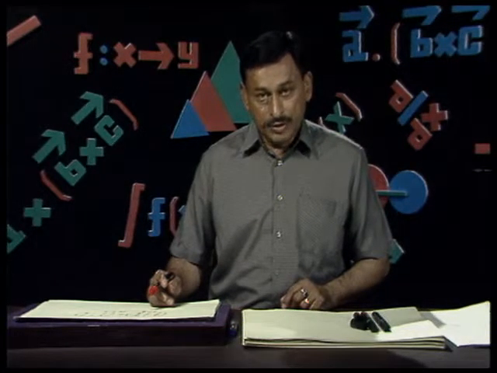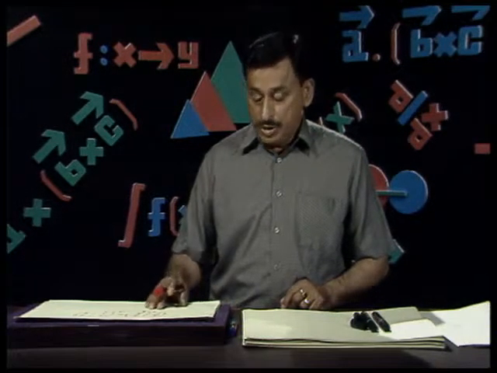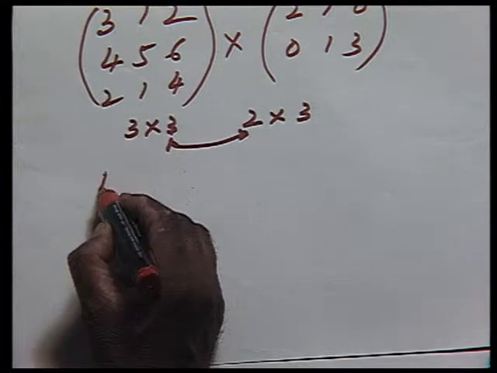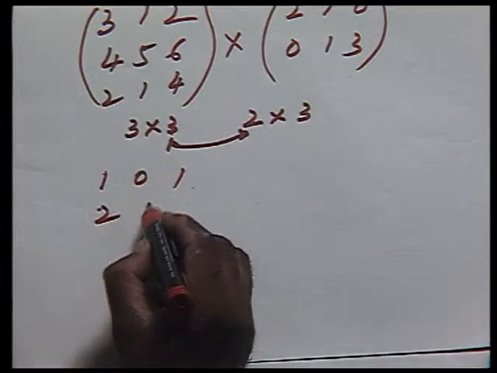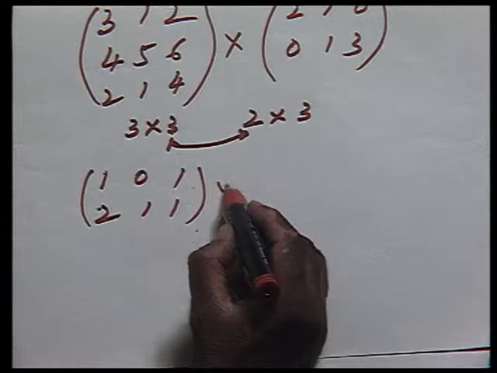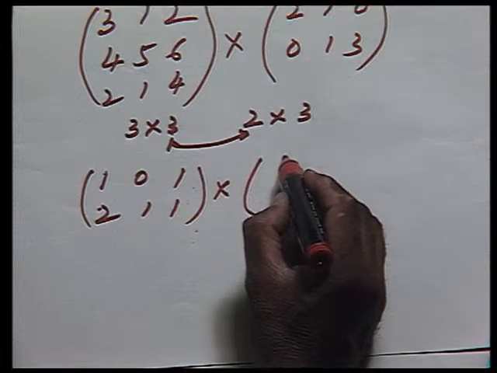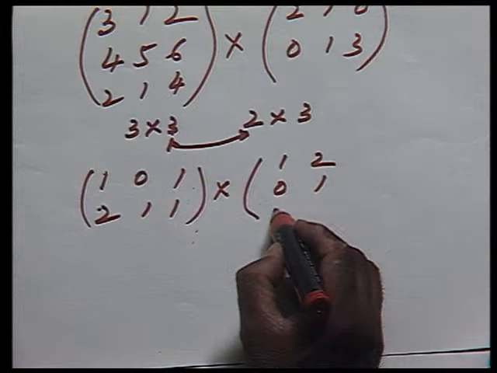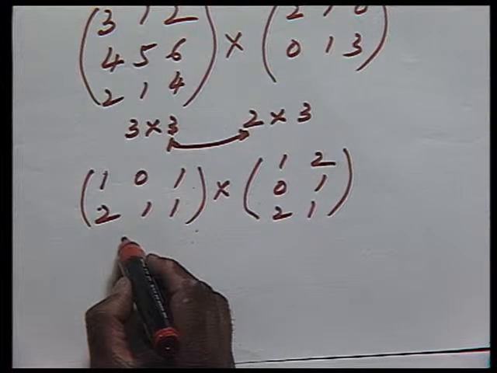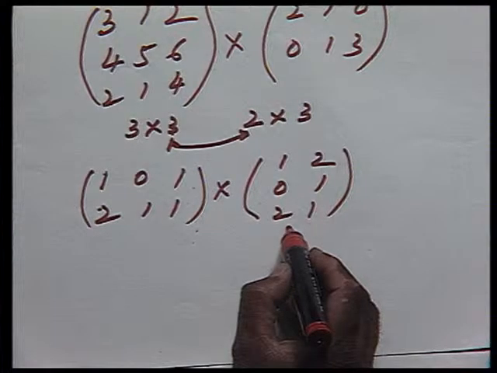This is another case. Yet another case could be that I have got a 2 by 3 matrix, say this one 1 0 1 2 1 1. This is a 2 by 3 matrix and I multiply it with 1 2 0 1 2 1. This is 2 by 3, this is 3 by 2.